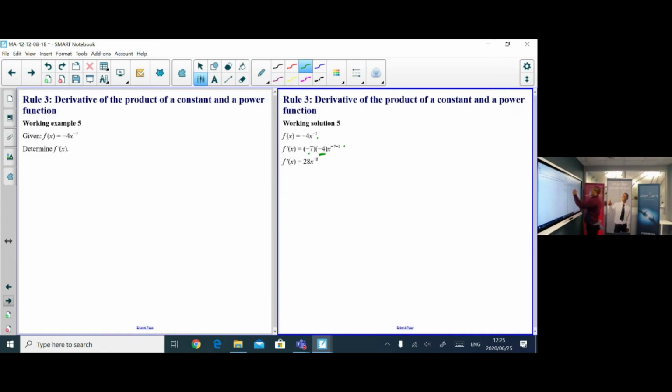So this is where the whole thing is being done, and you get 28x to the exponent minus 8, because you're going to multiply minus 7 times minus 4 to get 28. Okay.